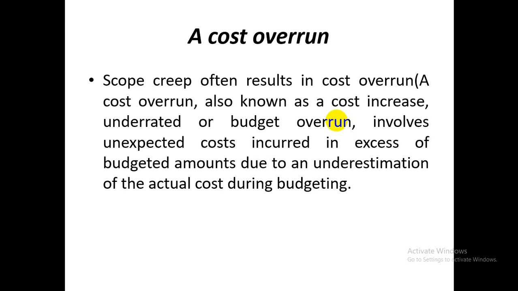When you say budget overrun, we are looking at unexpected costs that may come out, and the budget may go beyond what you expected, and you fail to complete the project within the estimated budget. If it goes beyond that, then we shall be seeing what we call the cost overrun.